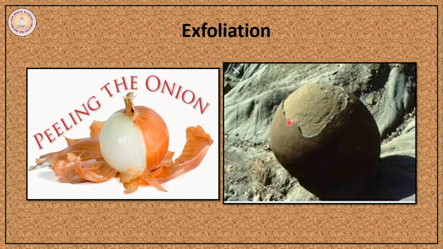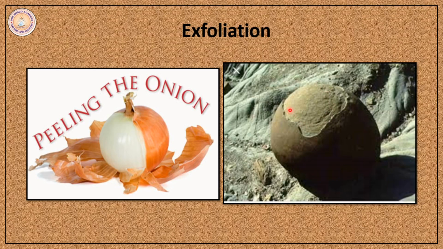Now, since rocks are poor conductors of heat, when they are containing homogeneous minerals, the outer layer expands during the daytime and contracts during the night. The outer layer peels off.